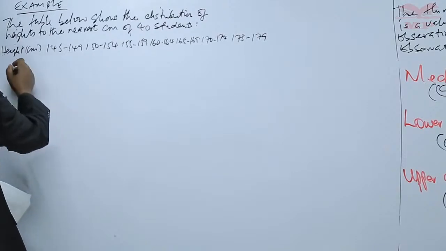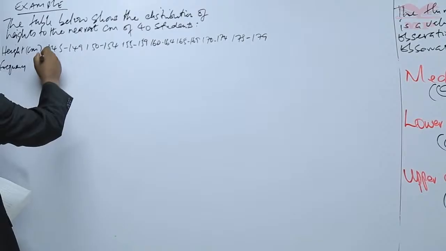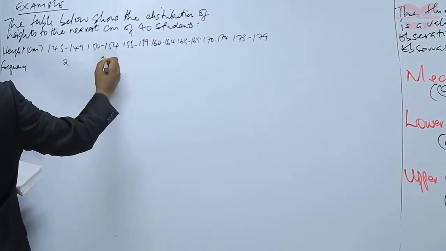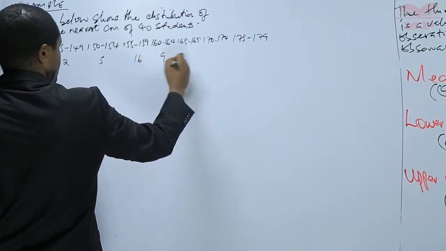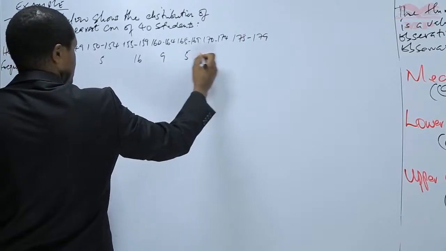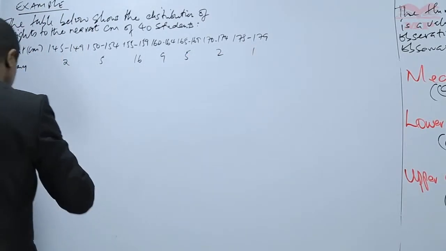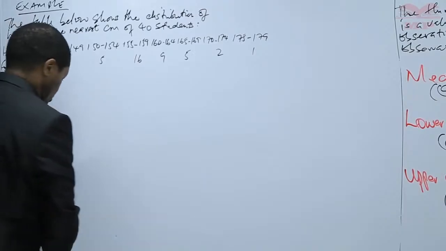Then we have the frequency: 2 students, 5 students, 16 students, 9 students, 5 students, 2 students, and 1 student. So that is the distribution.